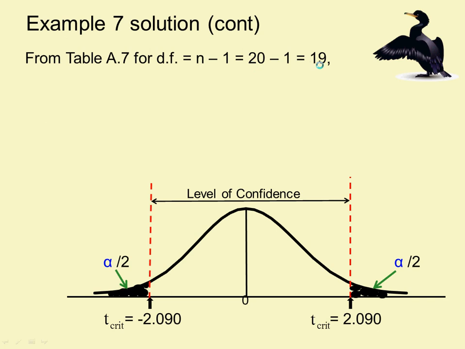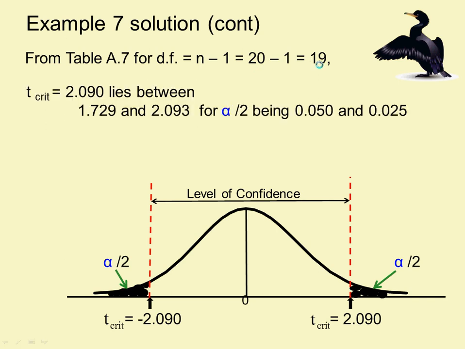So if you take out a t-table and try to find 2.09 by going down to degrees of freedom of 19 and then across the row, you can find 1.729, and the next number is 2.093. At the top of the table, you'll see that that matches the upper tail areas of 0.05 and 0.025.